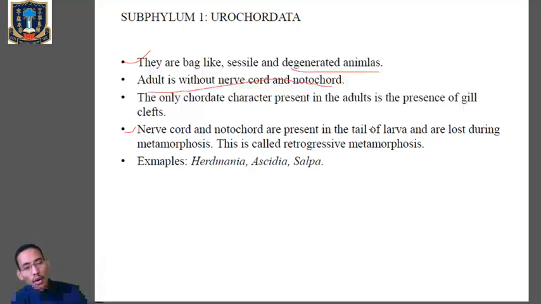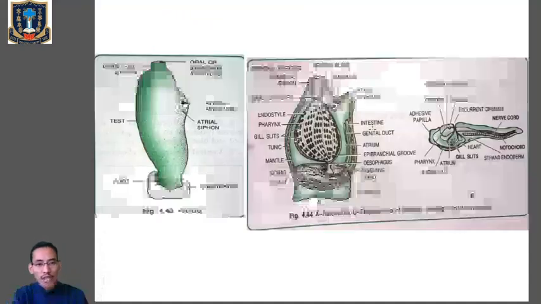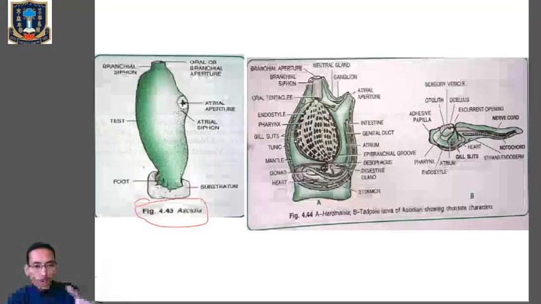Next, the only chordate feature that is present in the adult Urochordata is the presence of gill clefts. Examples are Herdmania, Ascidia, and Salpa. So you can see over here the Ascidia. In the adult form we cannot see the presence of nerve cord or notochord. You can see the substratum, because it is sessile, so it is attached to the substratum.